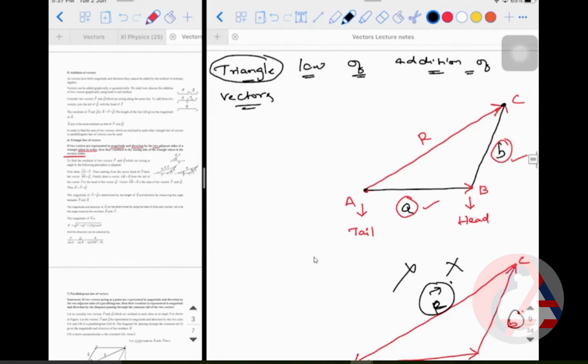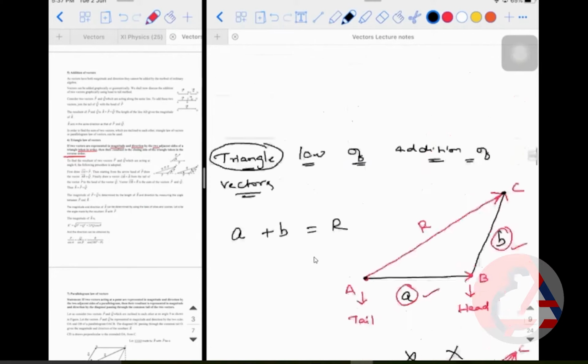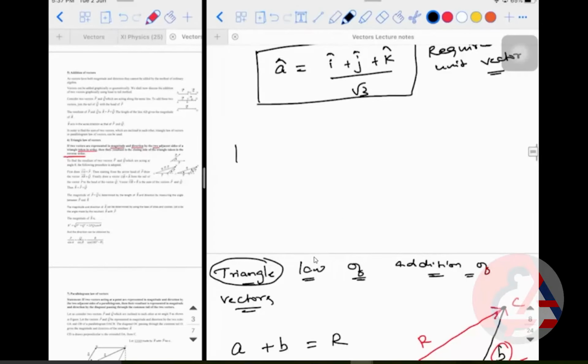Then how do I write it mathematically? I am going to write it as A plus B is equal to R. One point I want to explain here: these are just notations, so concentrate here. This is A vector. This is magnitude of A vector. Magnitude of A vector can be written as A with a vector symbol on top, with a modulus, or just the symbol.